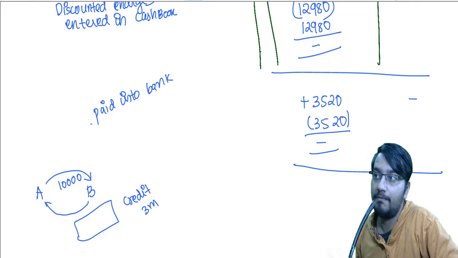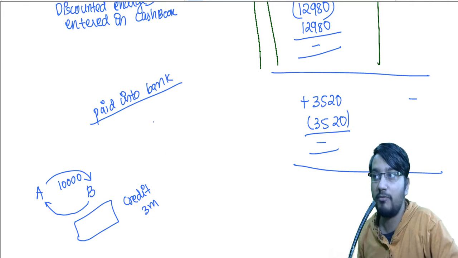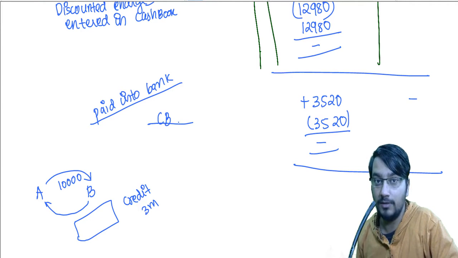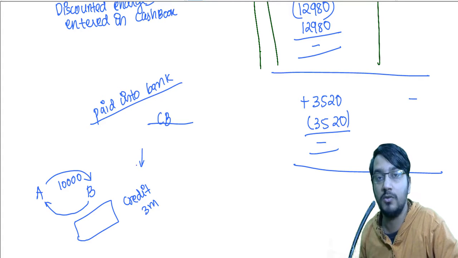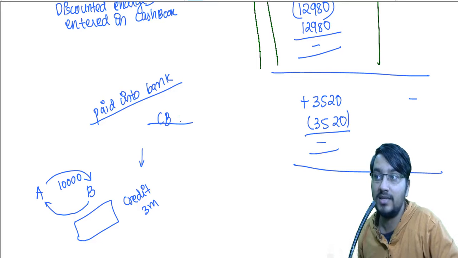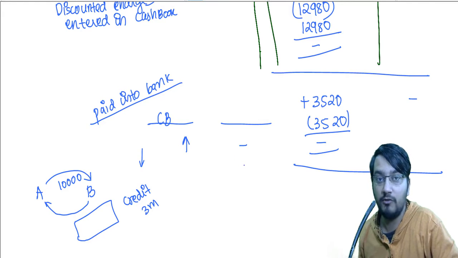Some people may think if I have paid into the bank my cash book must decrease, but no, this is the cash book bank column. My cash column must have decreased because I have paid the cash to the bank, but this is the bank column. I must have expected an increase in my bank column, so plus 3,520, but it was not credited by the bank until the following day.